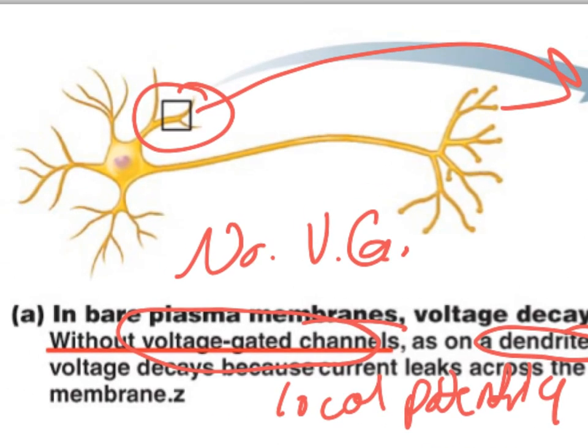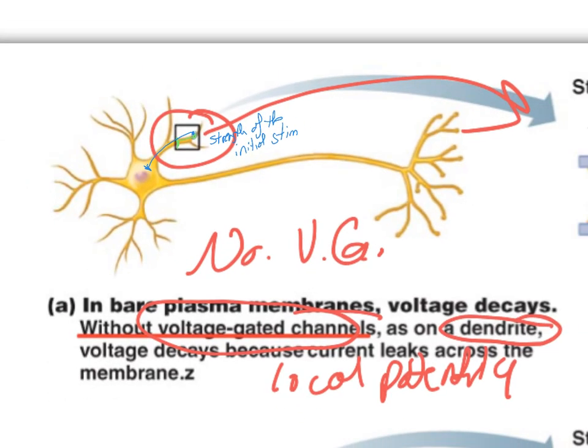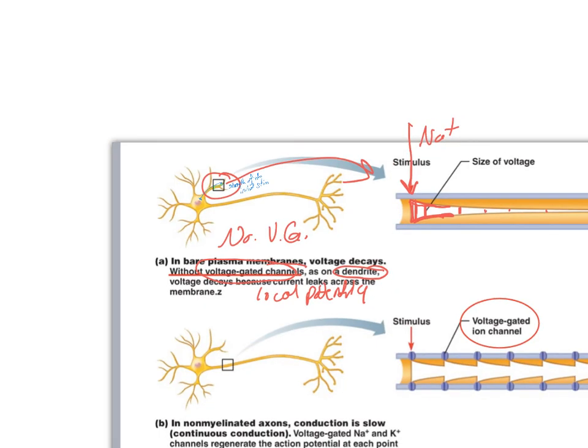So whether this stimulus gets to here or this stimulus gets to here, all depends on the strength of the initial stimulus. Okay? So there's your nice little graded potential.